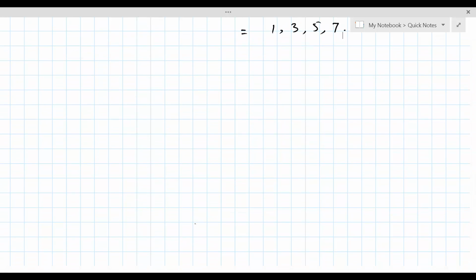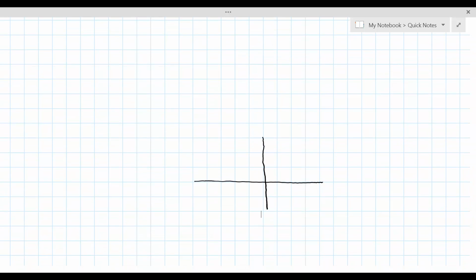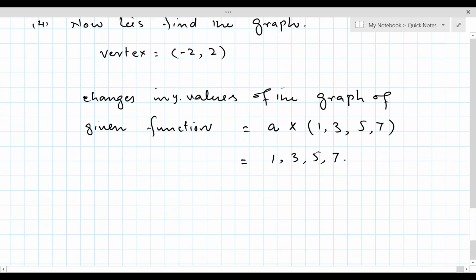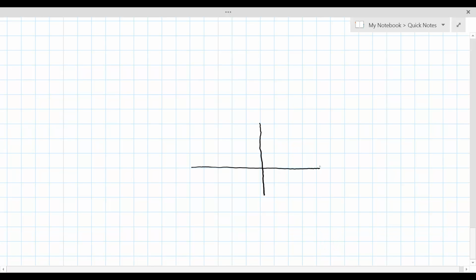So let's get started. Here if we draw the x-axis and the y-axis, where is the vertex? The vertex is at -2, 2. So if this is the x-axis, this is x dash, this is y dash, and this is y, -2, 2 is right here.